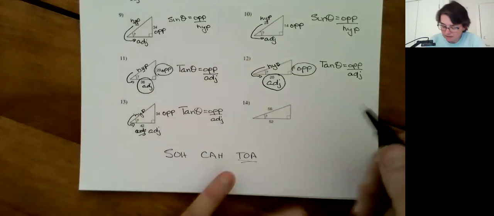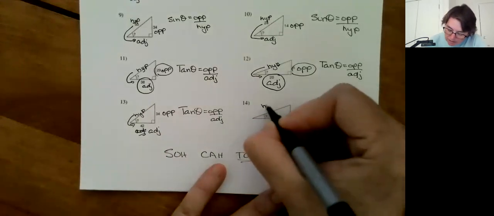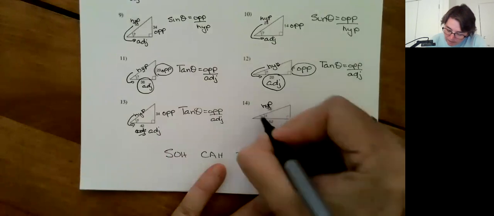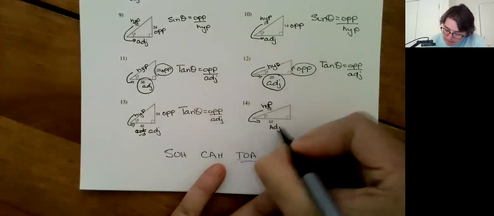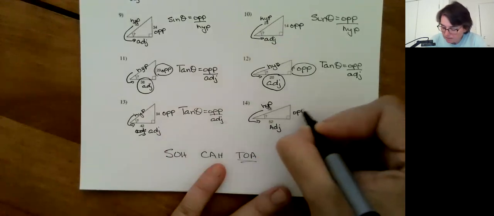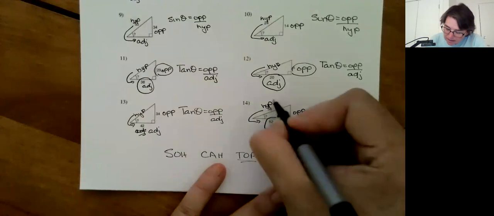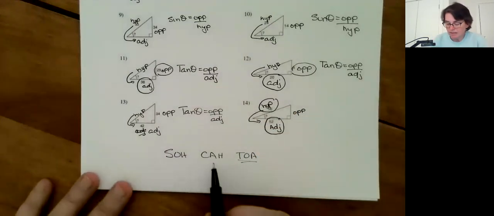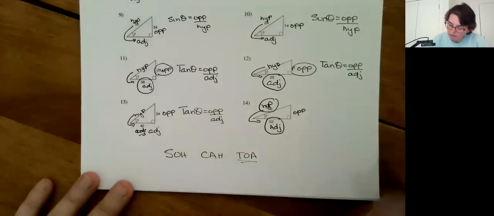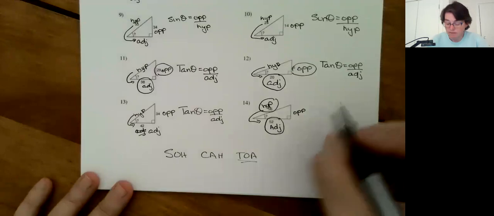And my last one here, I hope this is the cosine, I think it is. I've got my hypotenuse again, around my corner. There's adjacent, there's opposite. So on this one, I have the adjacent side and I have the hypotenuse. And if you go down here, the only one that has adjacent and hypotenuse is cos.